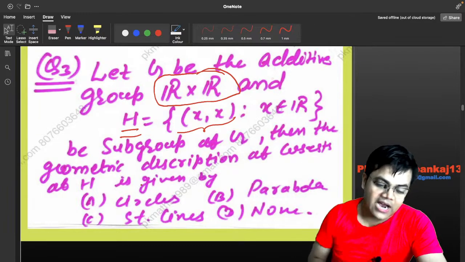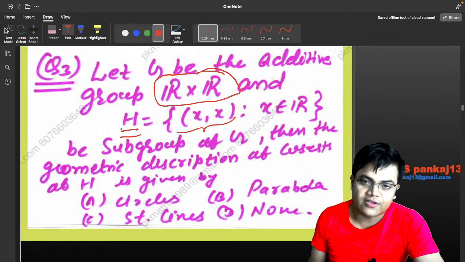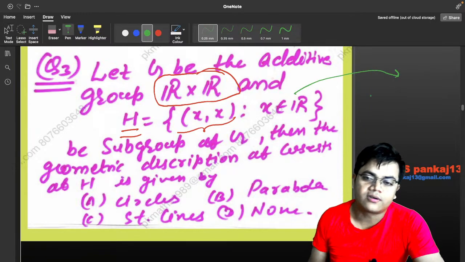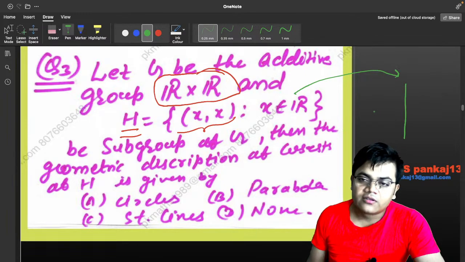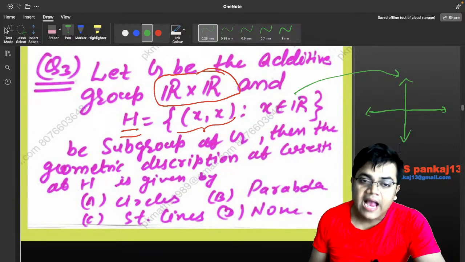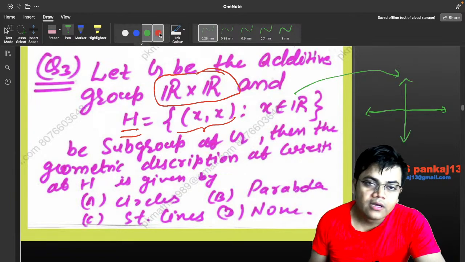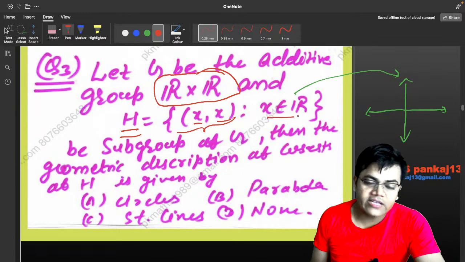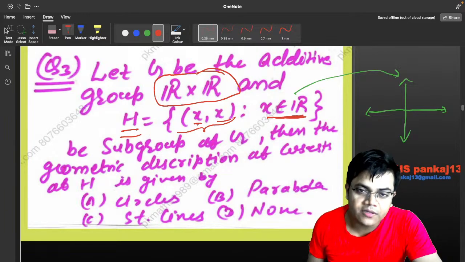And this time Ashish Tiwari ji is there, and he will not hesitate to say that he has got the idea from this question, because the group is what? R square with respect to addition. And what is the subgroup? Here the subgroup is X comma X, where X belongs to R. What does it mean?